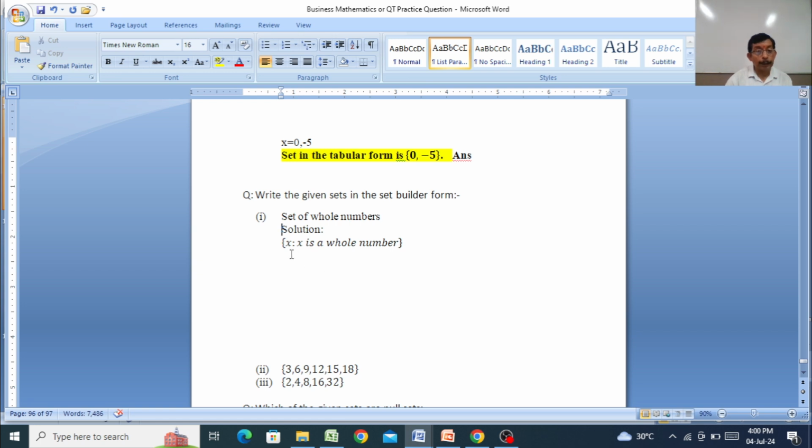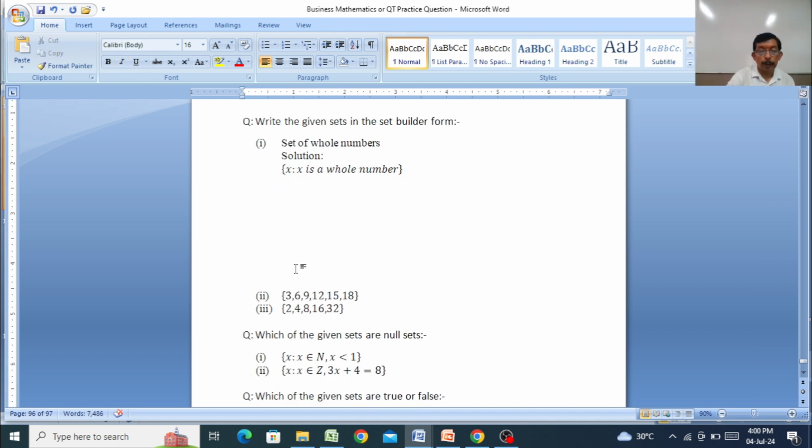It means the common variable is x, and the symbol is such that, it means x is a whole number. It is clear, everyone? Now start the second question.